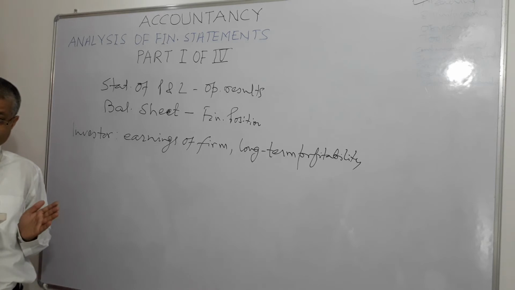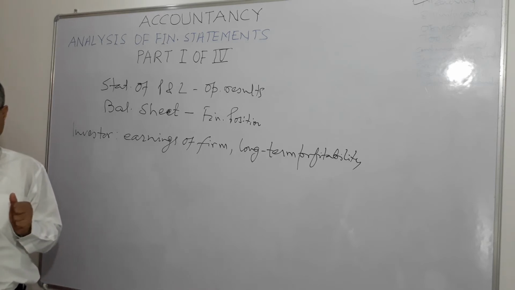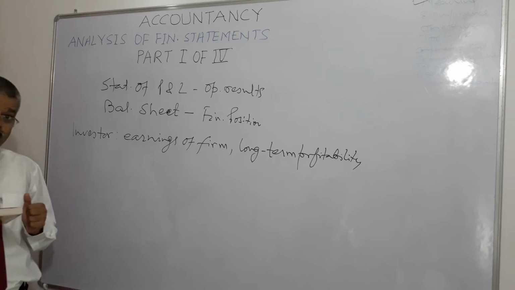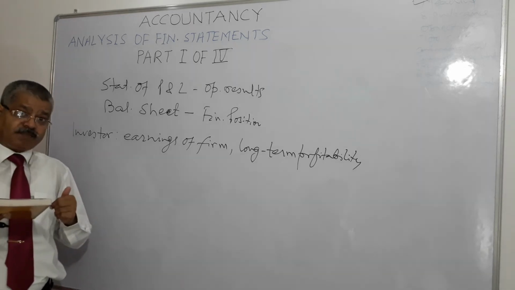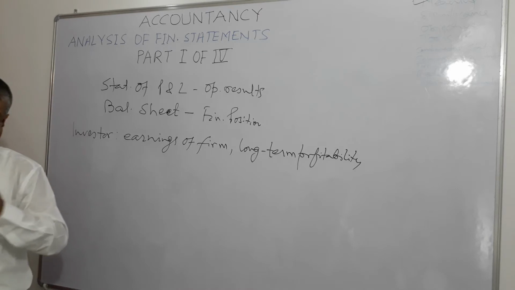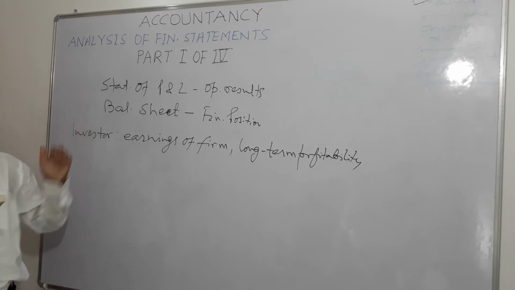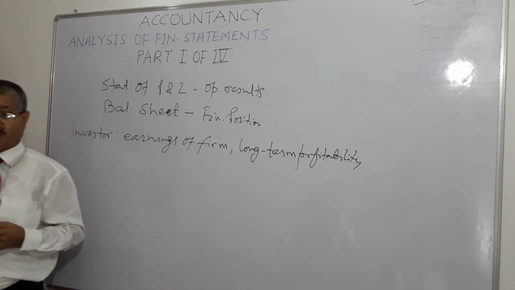It also helps the finance manager in determining continuity of operating policies, whether the current operating policies need to be continued or modified or changed. It helps the finance manager in taking those decisions.